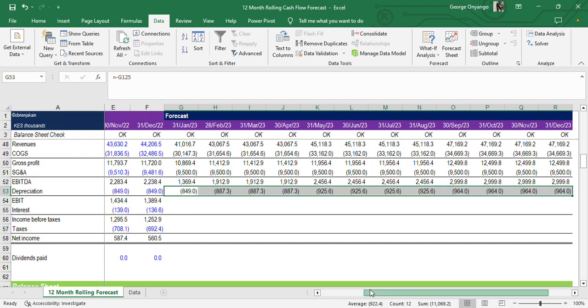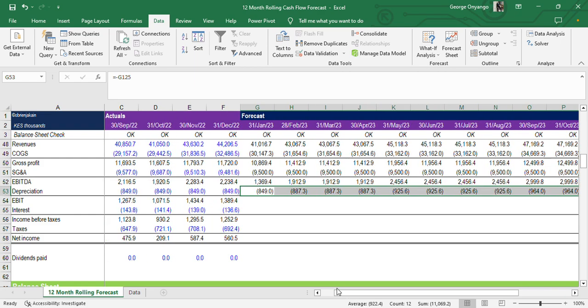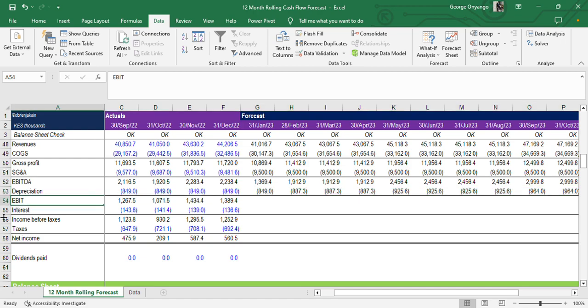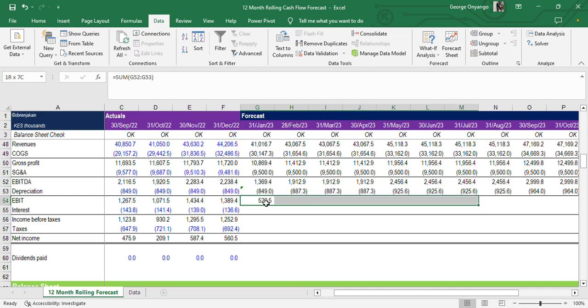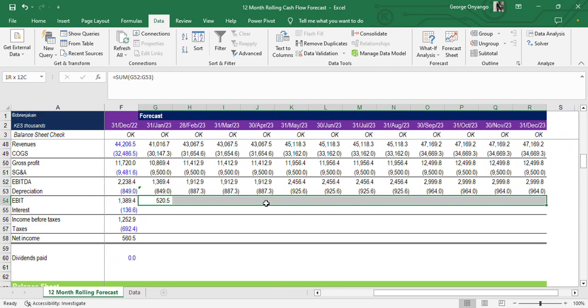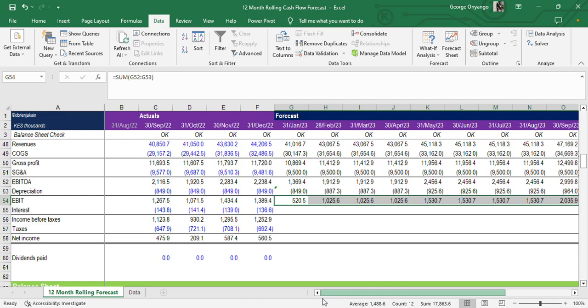So we can now calculate the earnings before interest and taxes, which is going to be the sum of these two, and we are able to get that. Fill right, and those are the EBIT each month for the next 12 months.